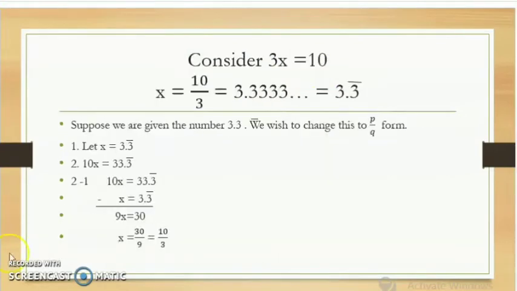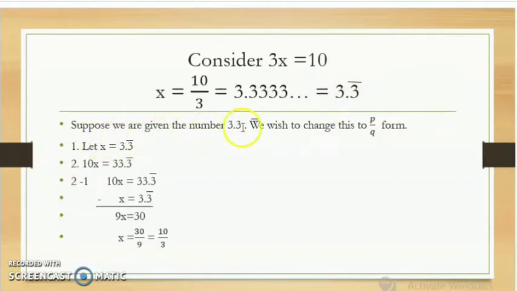Now we saw that some rational numbers have decimal expansions that stop, and there are some rational numbers whose decimal expansion keeps on going and repeating. For example, something like 3.333, for the rational number 10 by 3. So how do we convert?